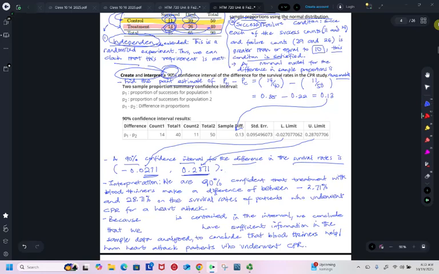Now, it is very crucial we note this. You will notice that we went from a negative value to a positive value, which means we crossed over zero. Because 0 is contained in this interval, we can imply that the difference in survival rates could potentially be zero.